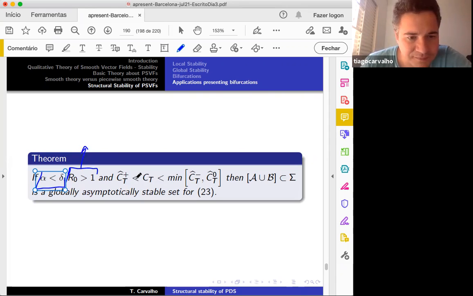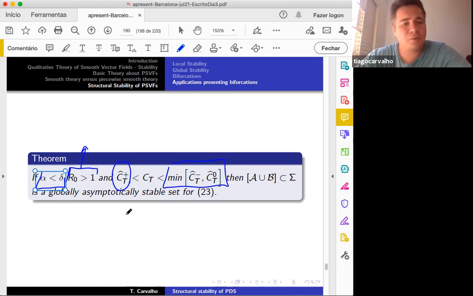And if you have these inequalities concerning the sum of the two first coordinates of the equilibrium, okay, that I mentioned before, then there exists a region, a sigma region, which is a globally asymptotically stable set for the piecewise smooth vector field.